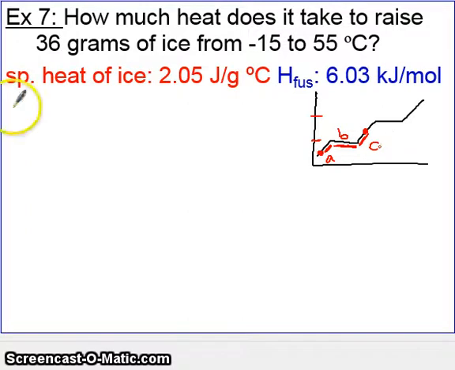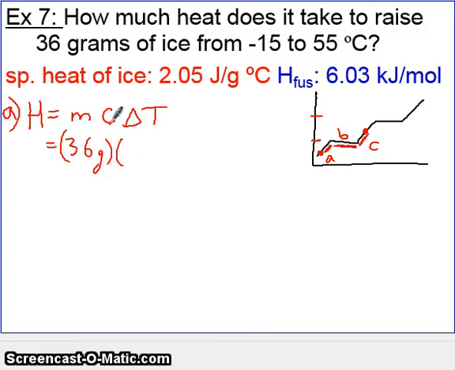Equation A will involve heating up the ice. Remember, if it's a diagonal portion, we use the equation with 3 parts: heat equals mass times specific heat times change in temperature, the famous MCAT equation. Our mass is 36 grams.